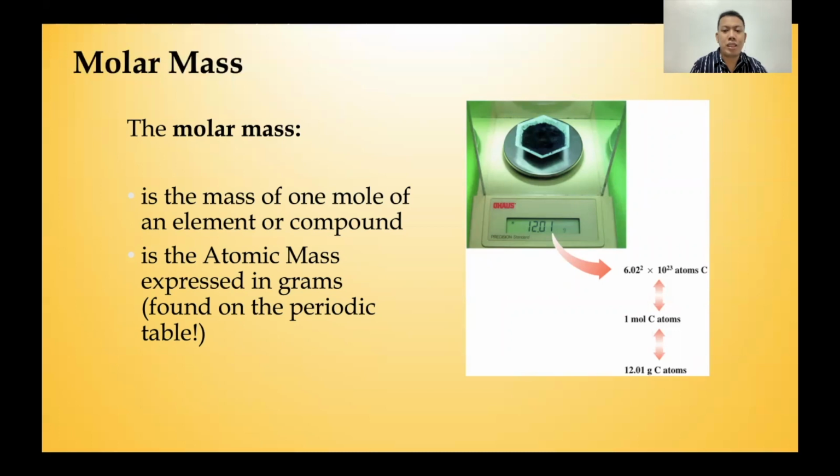So in 1 mole of carbon, there are 12 grams of carbon, which is equivalent also to 6.022 times 10 to the 23rd atoms of carbon.